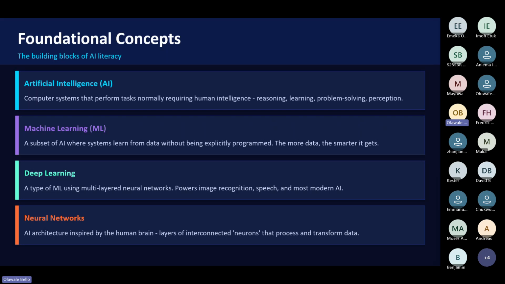Deep learning, on the other hand, is leveraged to ensure that the machine learns from data when the data is complex and huge. So that is the main difference between machine learning and deep learning.